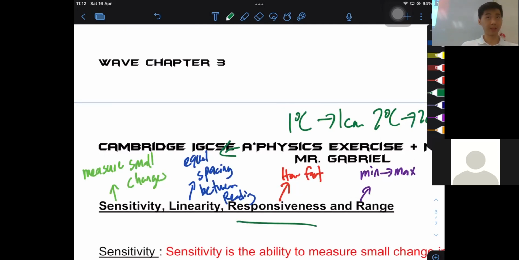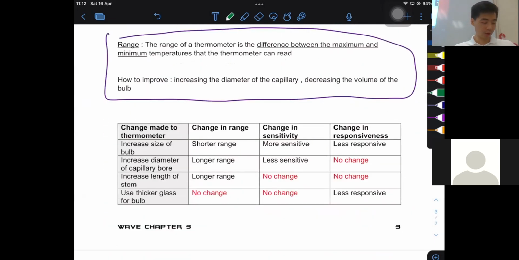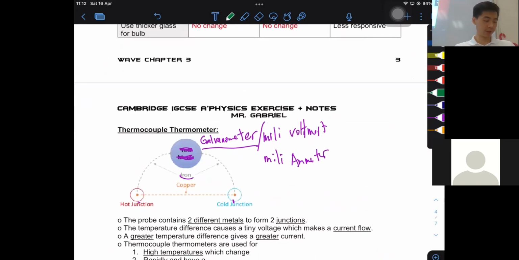Now, responsiveness is basically what you learn in biology: how fast you can react. Usually, for thermometers, we wouldn't say that it's very responsive because the heat has to penetrate through the glass layer before it reaches the liquid, right? Later on, you're going to learn about something known as a thermocouple.